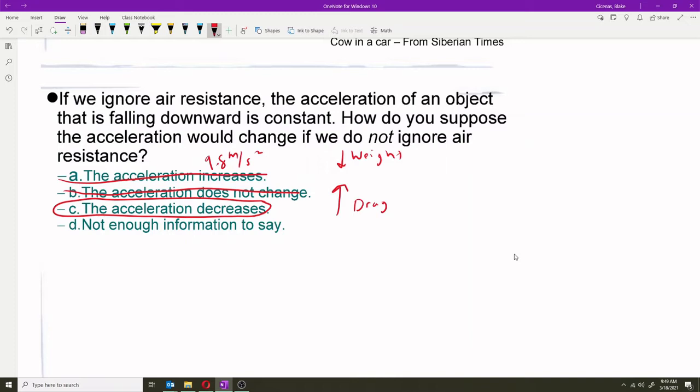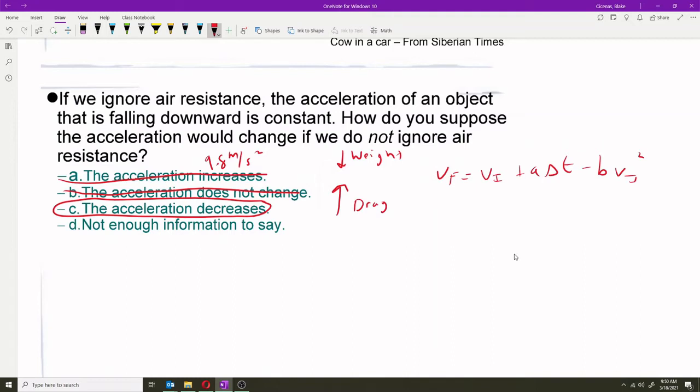So we always ignore air resistance, and even in the calc-based physics, you may do one or two problems where you factor it in, but it's a lot more complicated because you'd have some sort of final velocity equals some initial velocity plus your acceleration times time, and then there's some sort of bv or bv squared term.